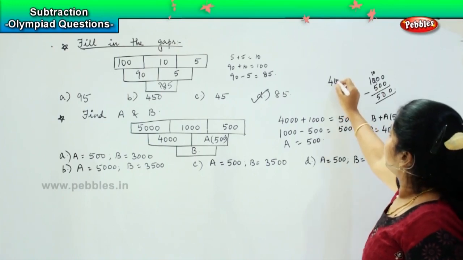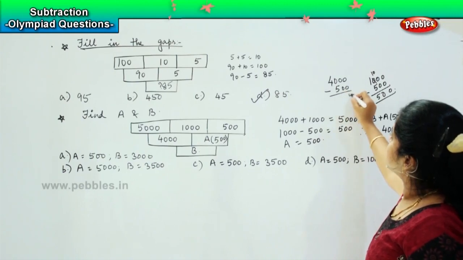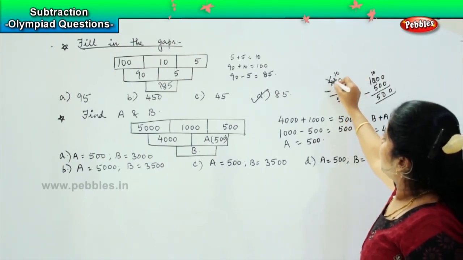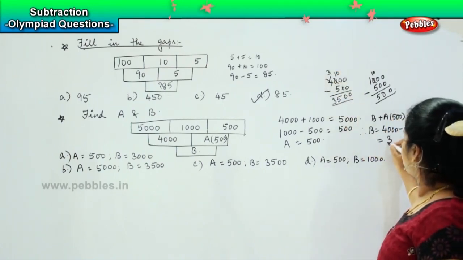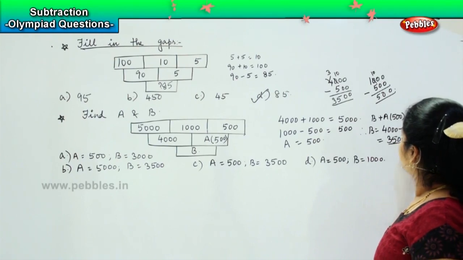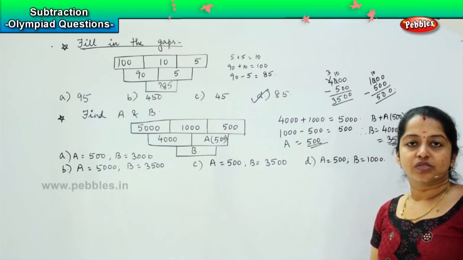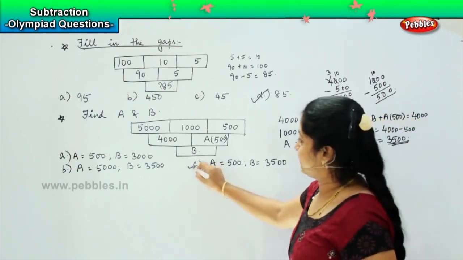So we'll see 4000 minus 500. 0, 0, 10 minus 5 is 5 and 3. So value of B is 3500. So the value of A is 500 and B is 3500. So where can you see that, children? Yes, it is option C.